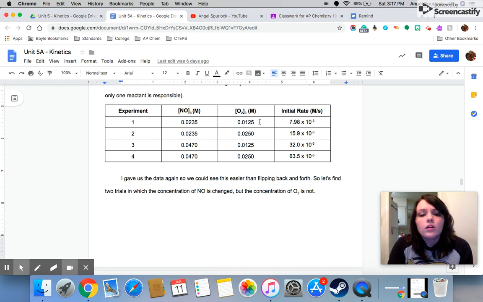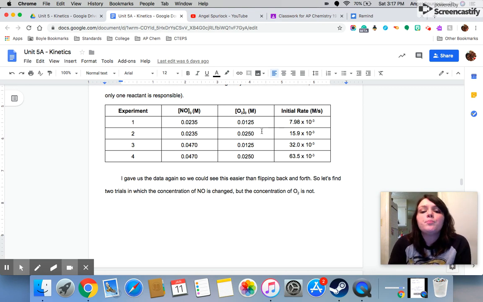So if I look between trials 1 and 2, I can see that the concentration of oxygen has doubled, but the concentration of nitrogen monoxide stayed the same. So that's good. That means that any change that happened to the rate between trials 1 and 2 is only to blame on oxygen. It's oxygen's fault if the rate has changed.